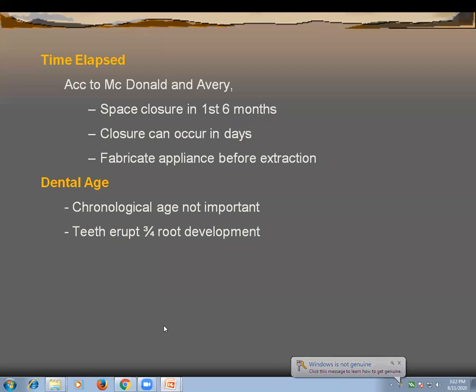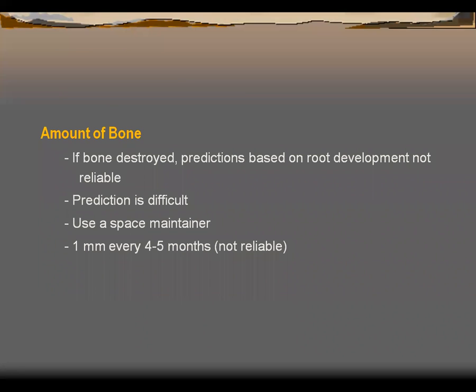Second part is the amount of bone. If bone is destroyed, prediction based on root development is not reliable. That is most important. You can see on any IOPA X-ray that due to periapical infection the bone has been destroyed and there is no bone at all over that erupting succedaneous tooth, and you can see that there is no three-fourths of root development.